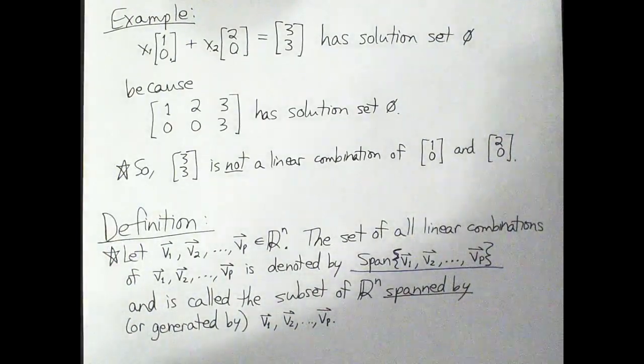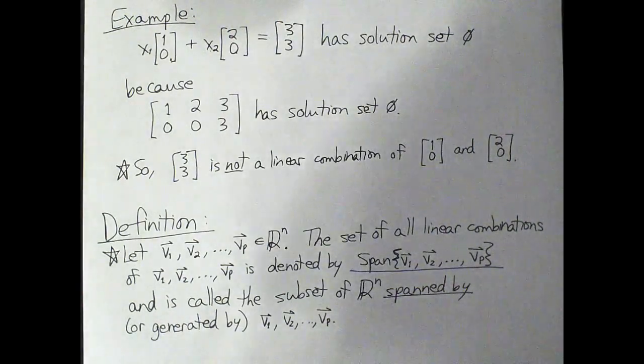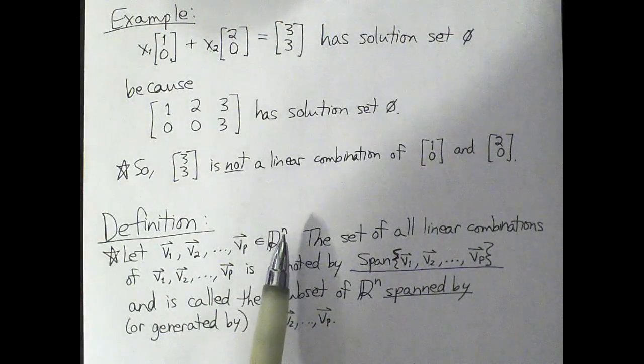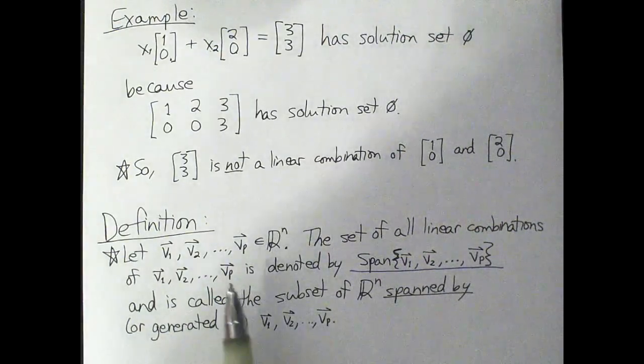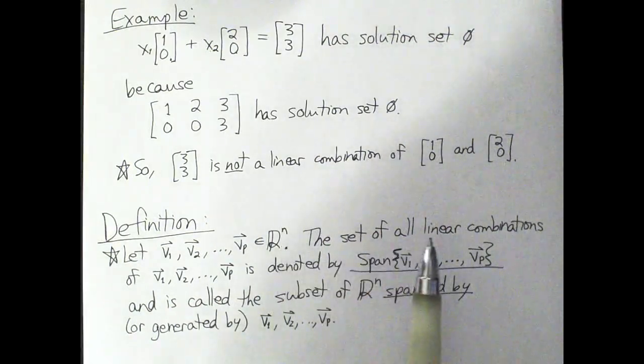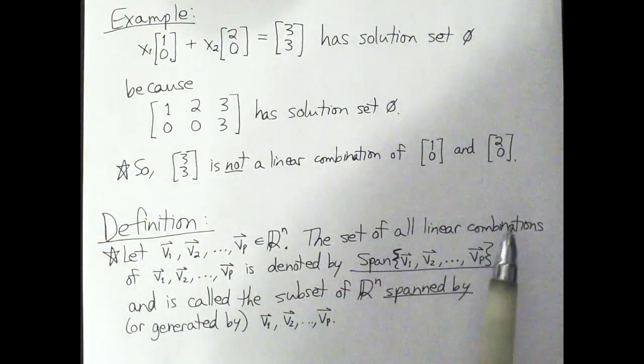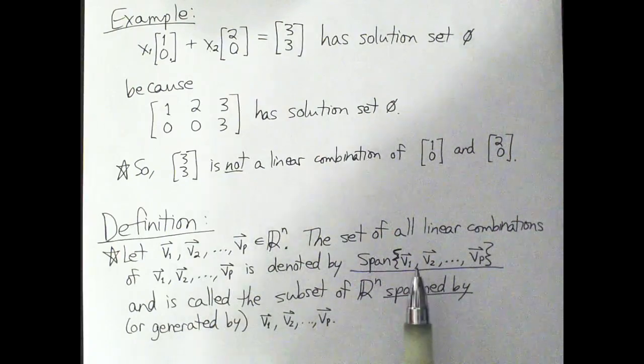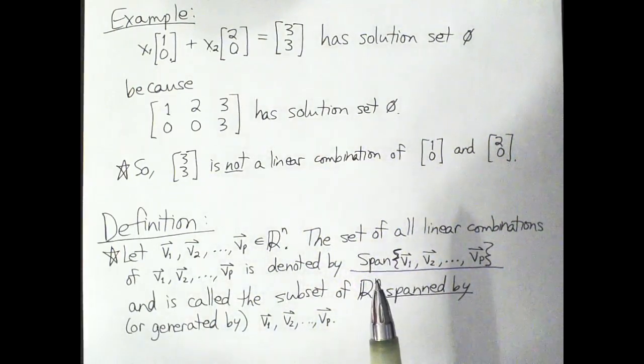So let's think about this. Can you imagine the set of all linear combinations of something? So maybe we have, I don't know, 10 vectors. We didn't even say what n is. We're being pretty general here. Maybe n is 3. Let's say you have 10 vectors that have 3 entries each. And then you take the set of all linear combinations of them. That's going to be a very big set, right?